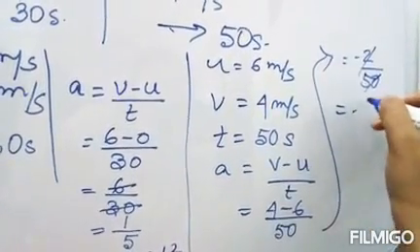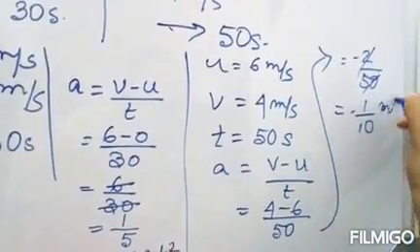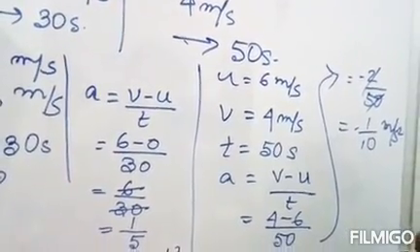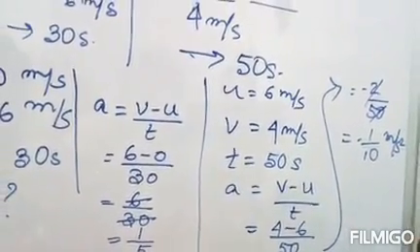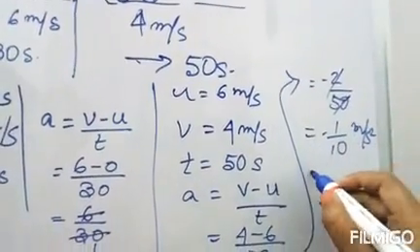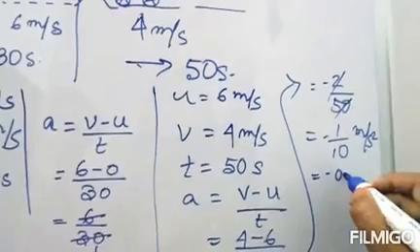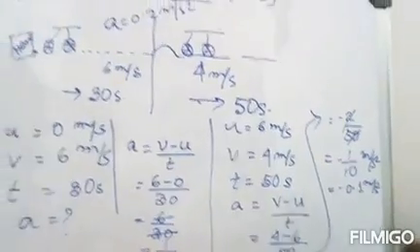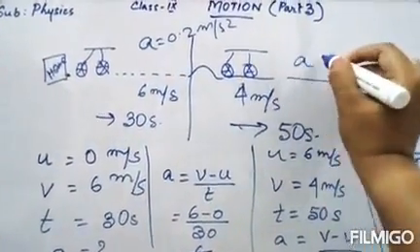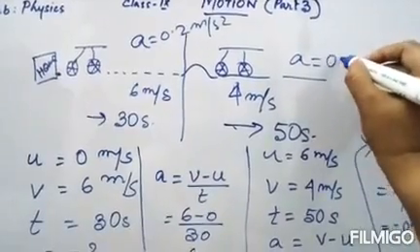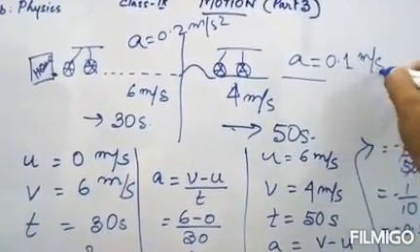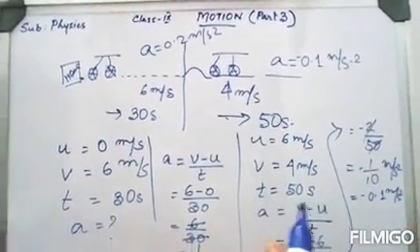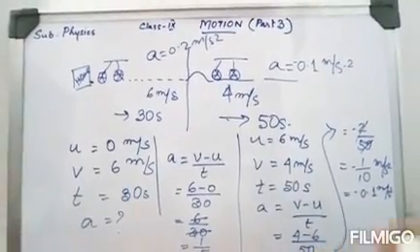Which means minus 1 by 10 meter per second square, which means minus 0.1 meter per second square. So initially your acceleration was positive, and now you have attained a negative acceleration, which means you have decreased your speed. Understood?